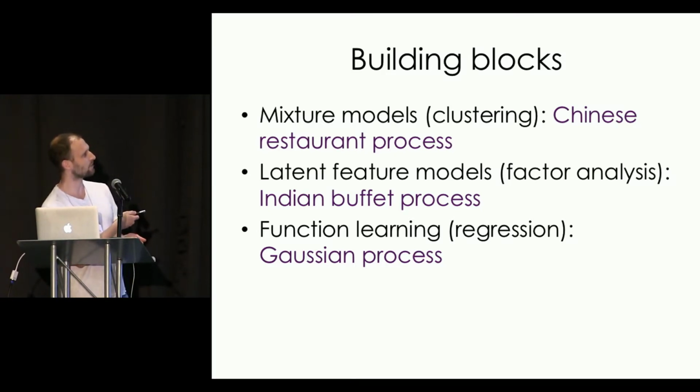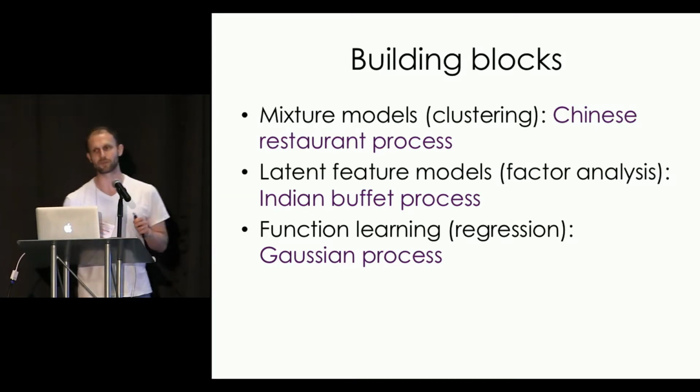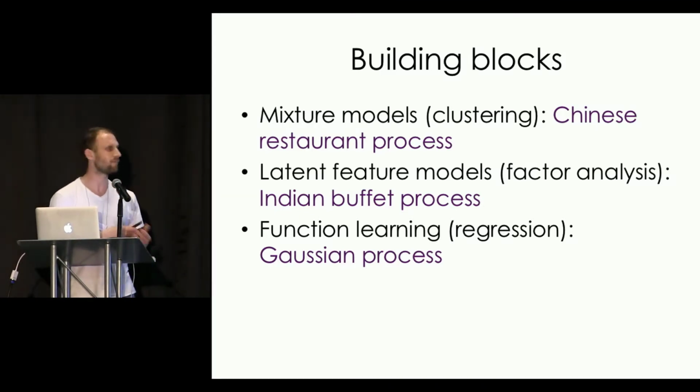The second are latent feature models, and we're going to use those to do a kind of non-parametric model of factor analysis. And there, the prior over feature spaces corresponds to the Indian buffet process. And then I'm going to talk about function learning, where we're solving regression problems. And there, the prior over functions is going to be a Gaussian process. So I'll get into the details of all of this in a moment.